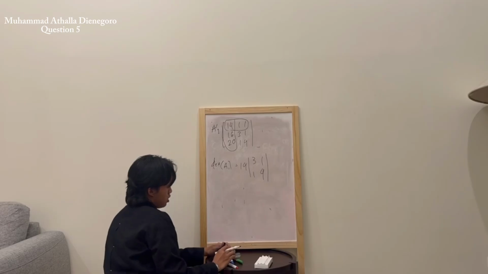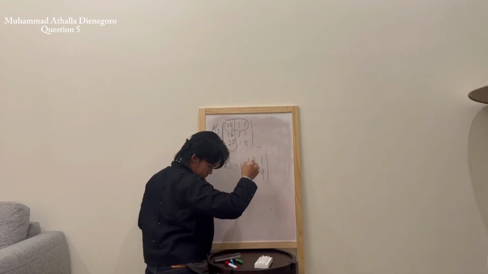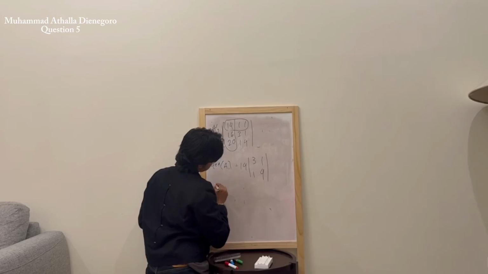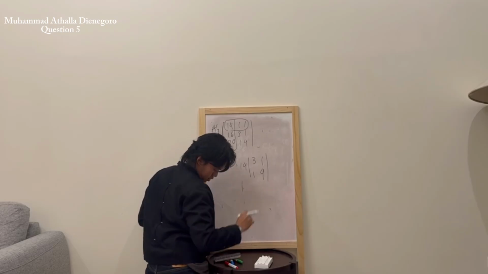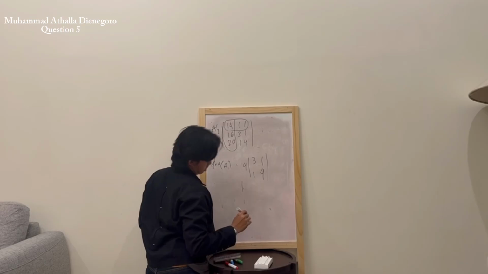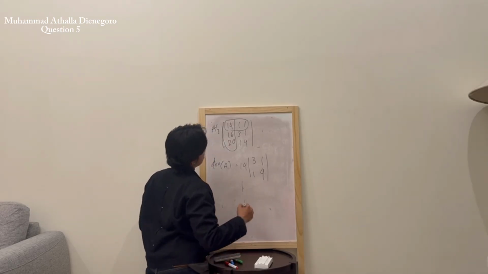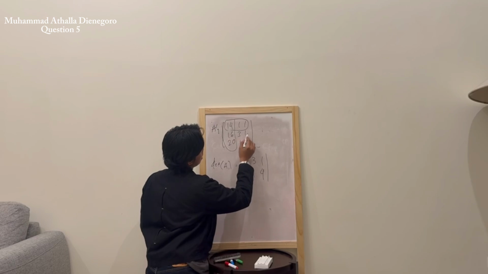And then also the 1. We got this. And then 1 equals 3, 1, 1, 4. No, 16, 1, 24. 16, 1, 24.